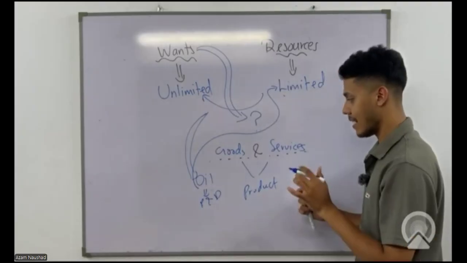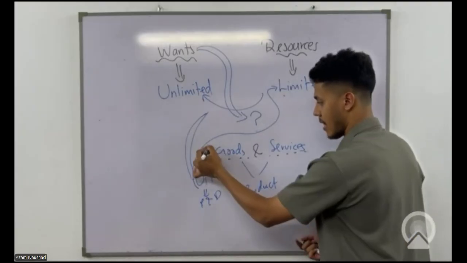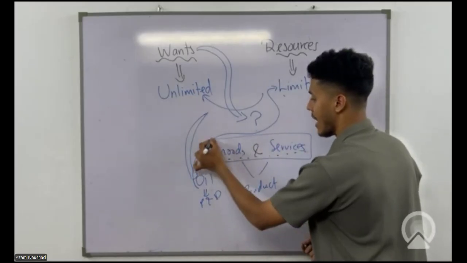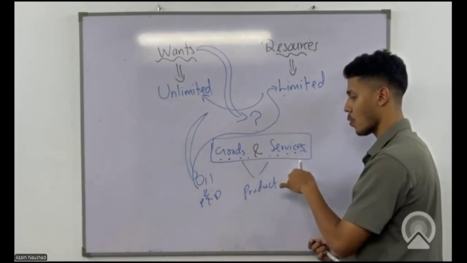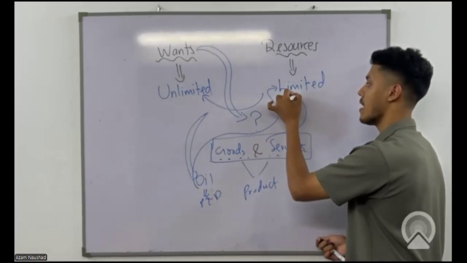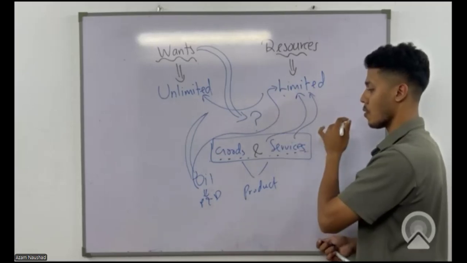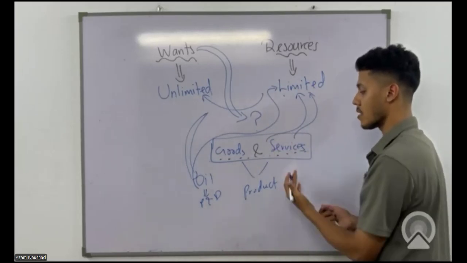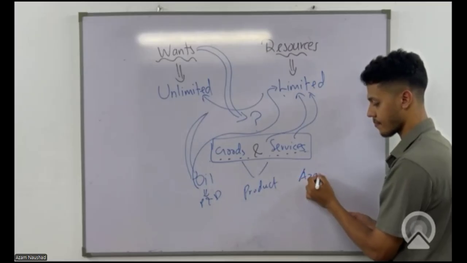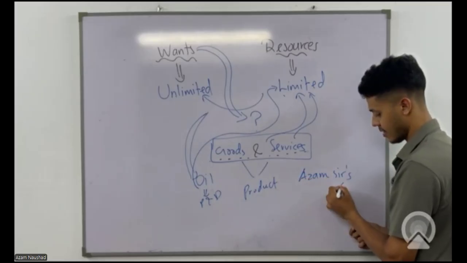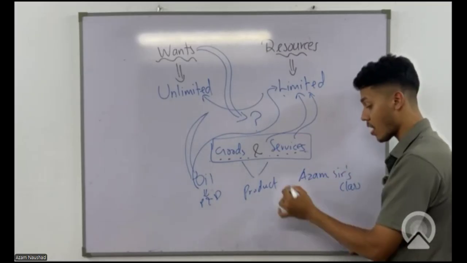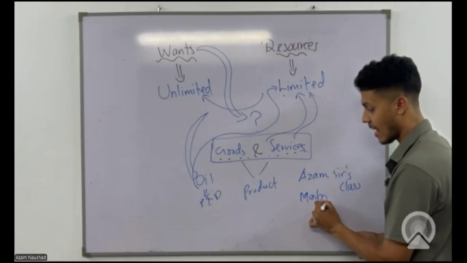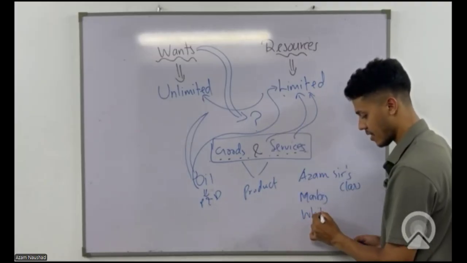So simply in economics, we need to assume that each and every good and service is made up of limited resources. Let me name some goods and services. Take Azamsa's class, and let me take this marker and this whiteboard, right?